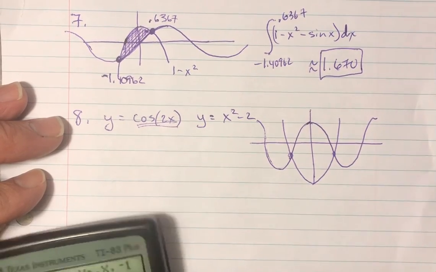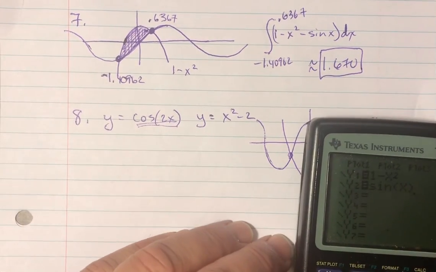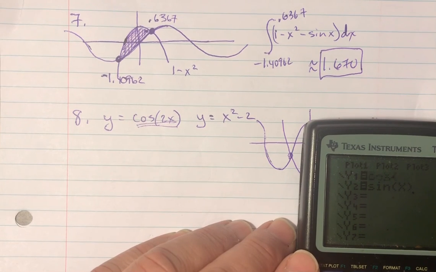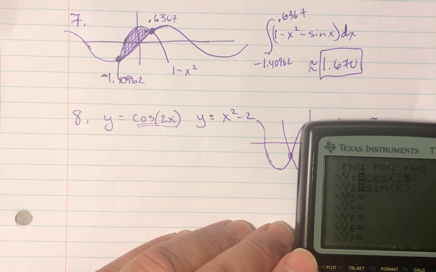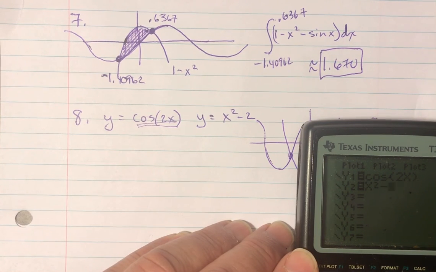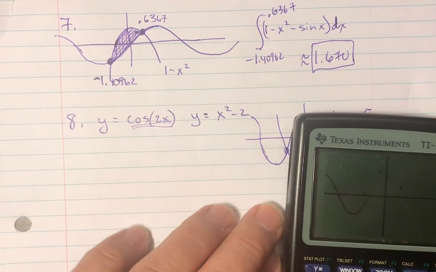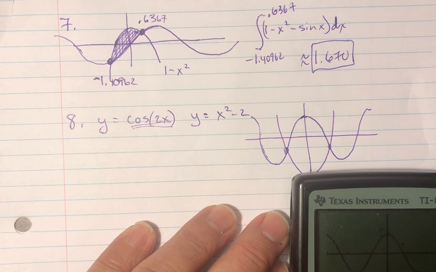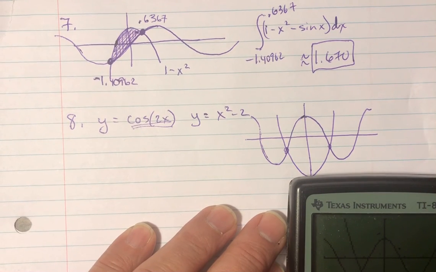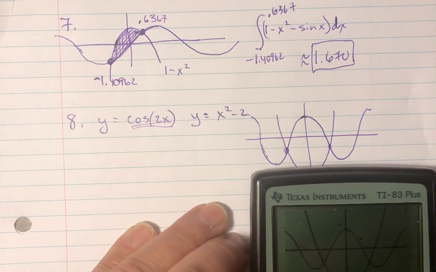So if we graph it, let's see what we get here. We have the cosine of 2x, and then I have x squared minus 2, and graph it and see what it looks like. Looks pretty close so far. And there we go.